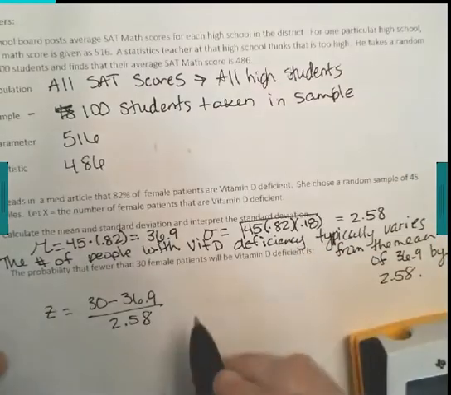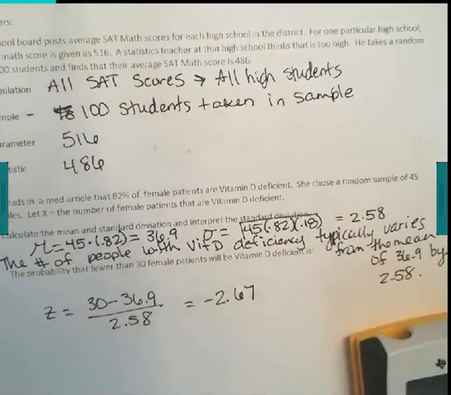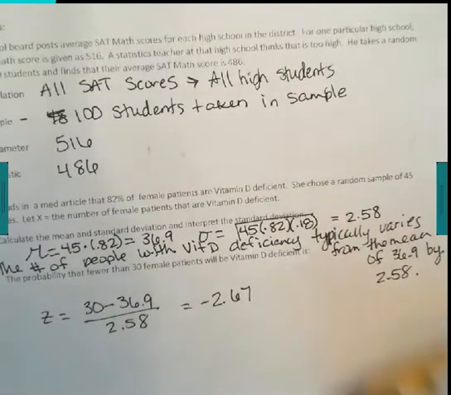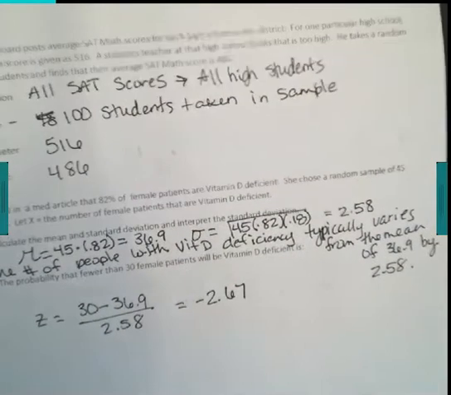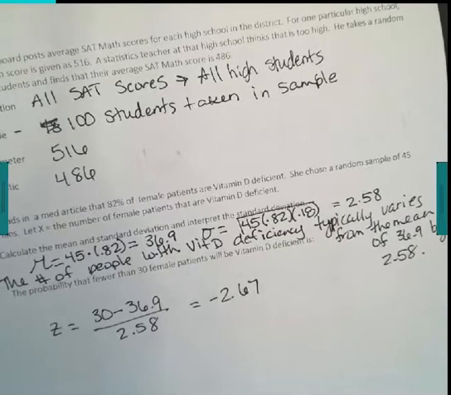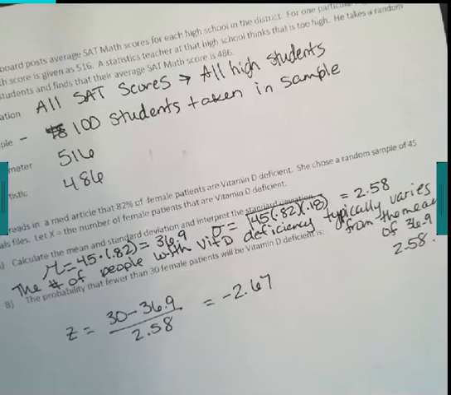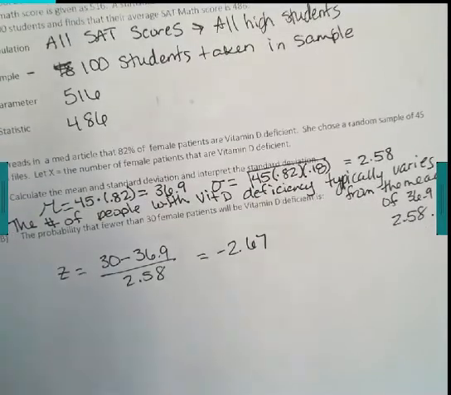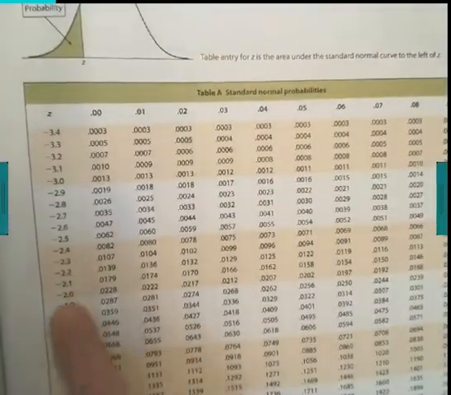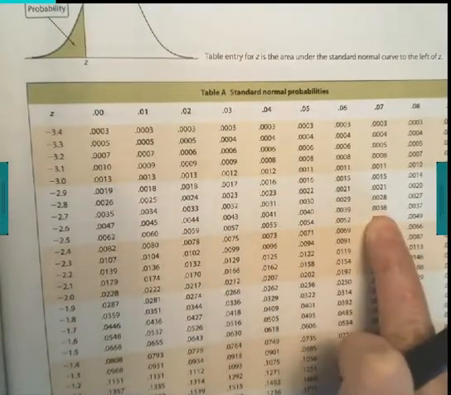That gives you a z-score of negative 2.67. Negative 2.6 over to the 7 column is 0.0038.